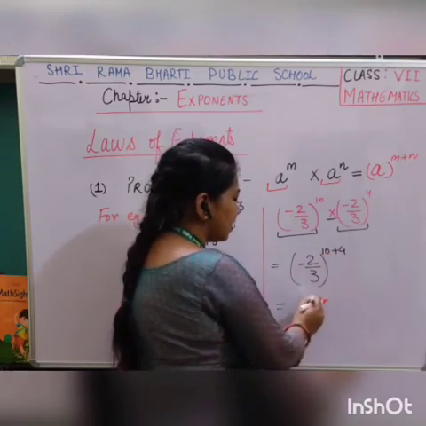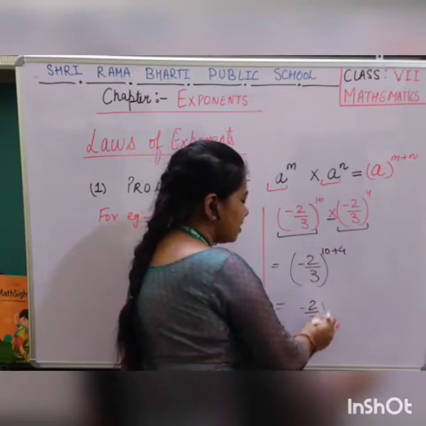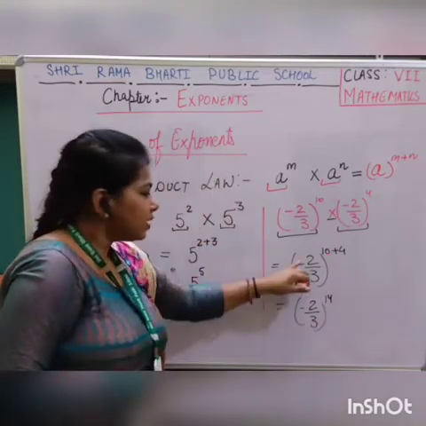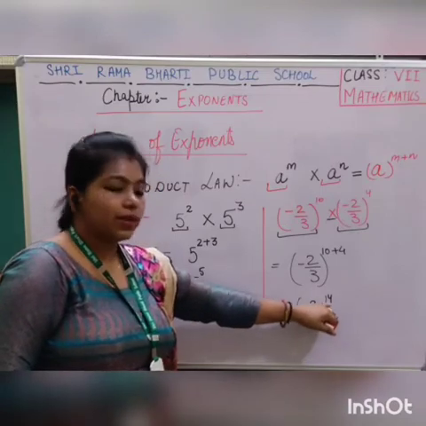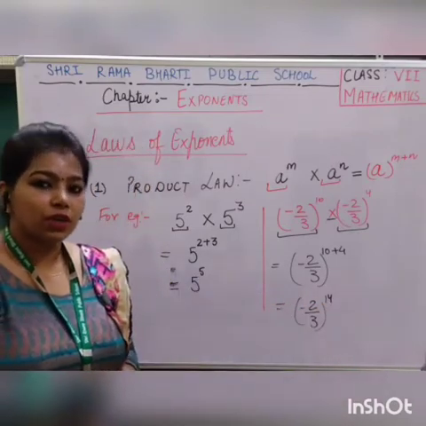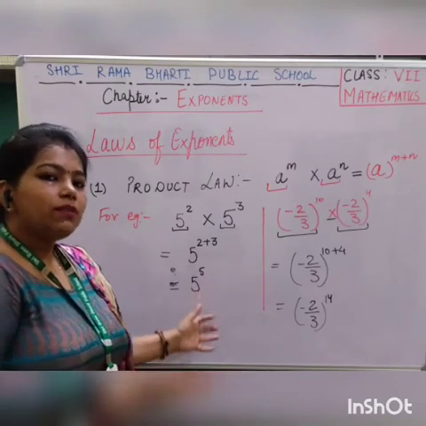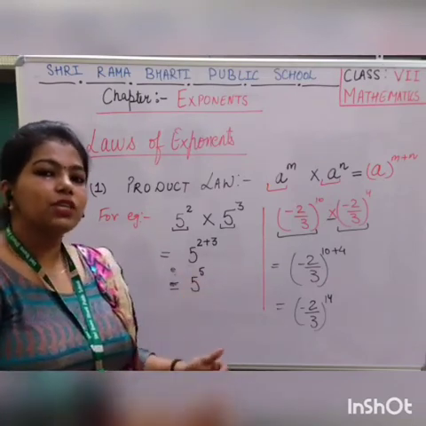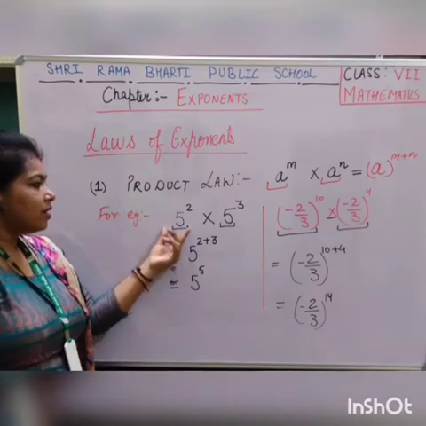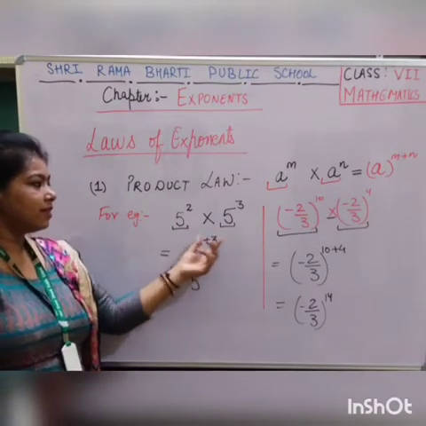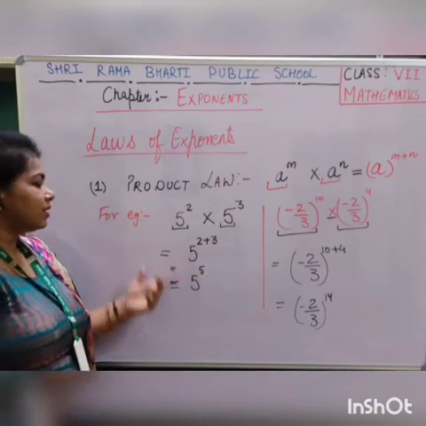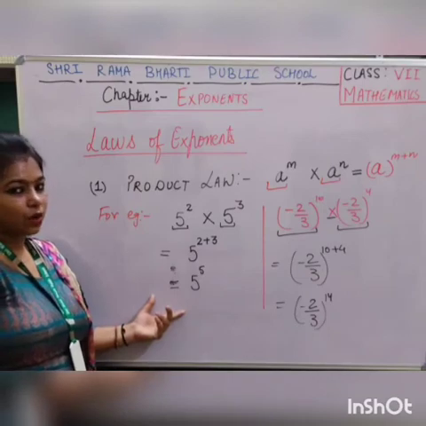The answer will become minus 2 by 3 raised to the power 14. So this is the way we can use our product law to solve our question in a much easier way. Always remember, when the bases are same, they are multiplying, so their power will get added. So this is our product law.